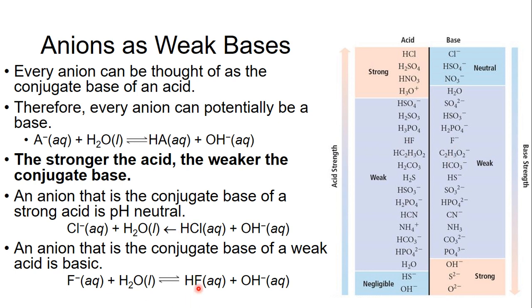When it forms the weak acid, it's going to be forming OH minus because it's taking the hydrogen from water. We can calculate the amount of OH minus using an ICE table. Then we can calculate pOH, and from there calculate pH and determine the pH of the solution.